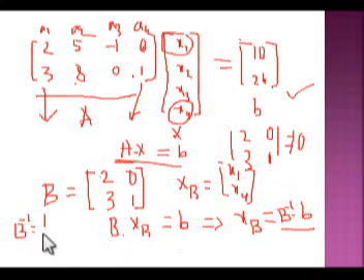So 1 by 2 I am taking first, and then we take the cofactors. 2's cofactor is 1, 0's cofactor is 0, 3's cofactor is minus 3, 0's cofactor is 0, and on transposing we get the matrix. So B inverse will be this.